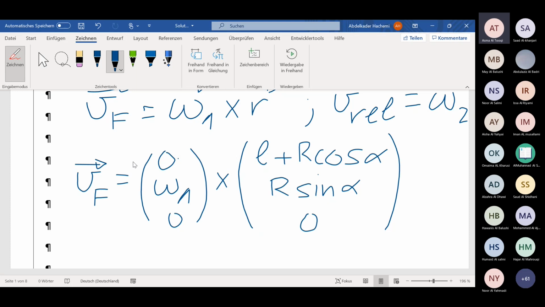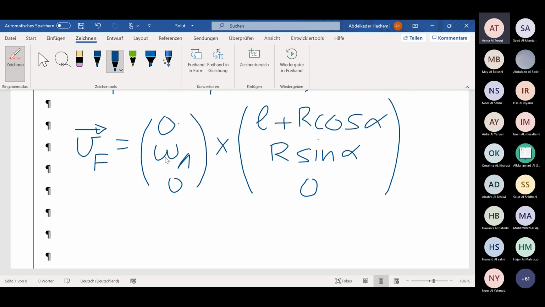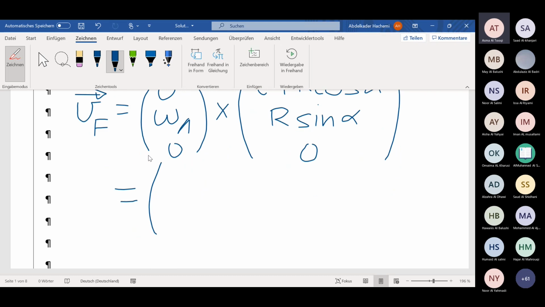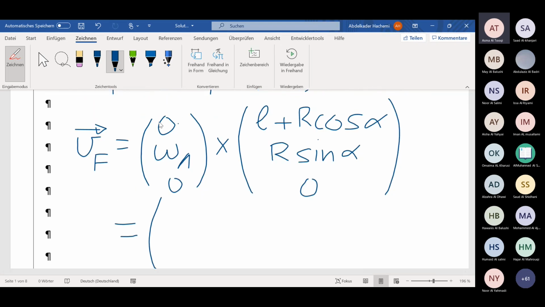For the first component, you neglect the first line and you have omega 1 multiplied by 0 minus R sine alpha multiplied by 0.